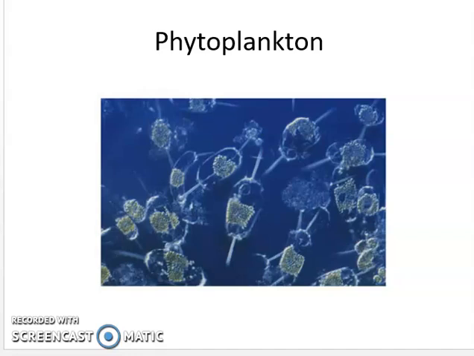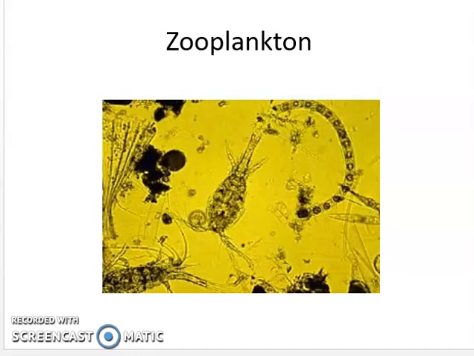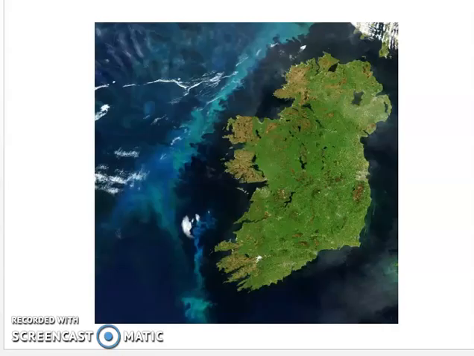The things that feed on the phytoplankton are what we call zooplankton, which are animal versions, and they are the two starting points of an aquatic ecosystem. In fact, at certain times of the year, this is a satellite shot of Ireland, and if you can see the beautiful green appearance, just to one side on the west coast around Ireland, that is what we call an algal bloom.